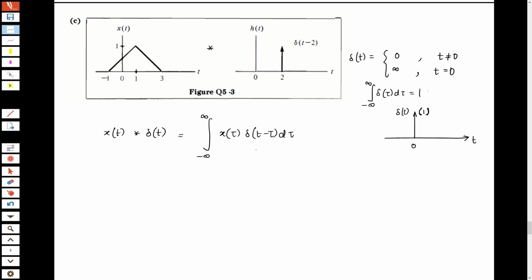At t equal to tau, you can consider this to be a constant value, x(t), right? So only at tau equal to t do you have the product as non-zero.